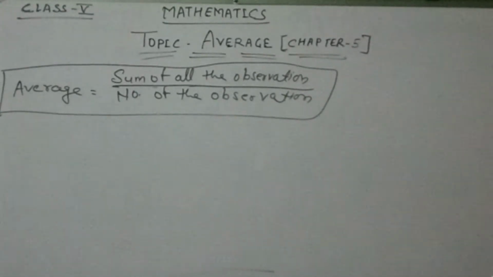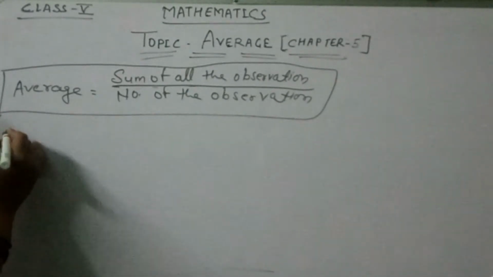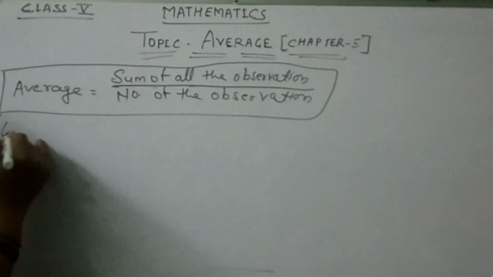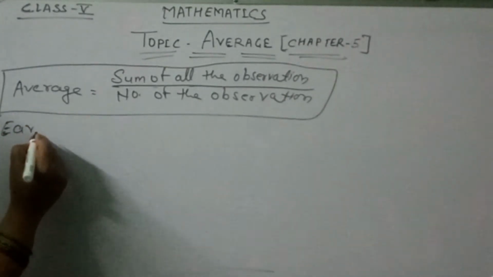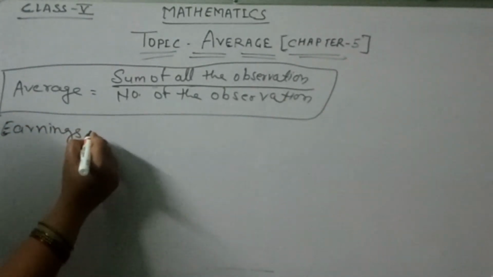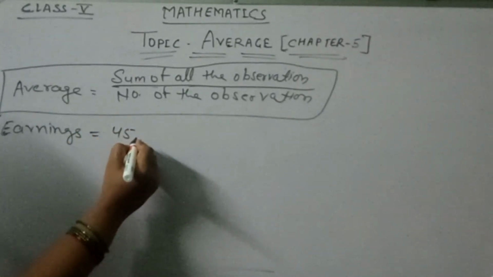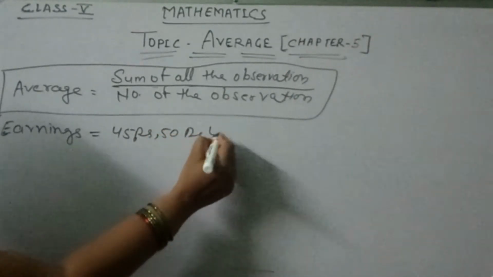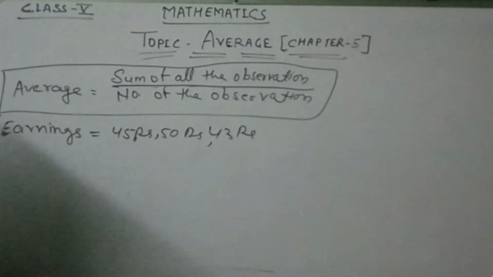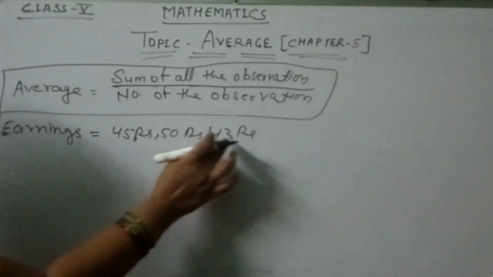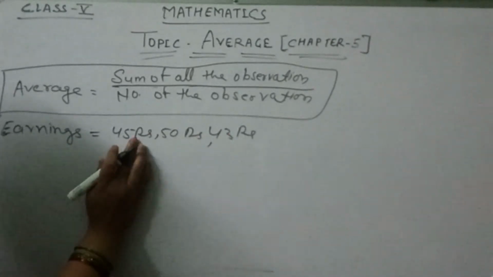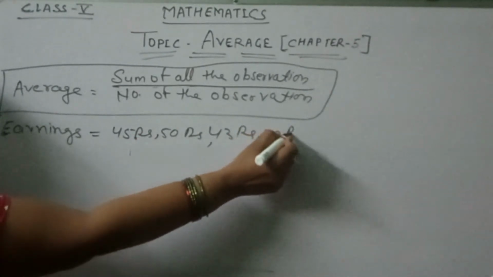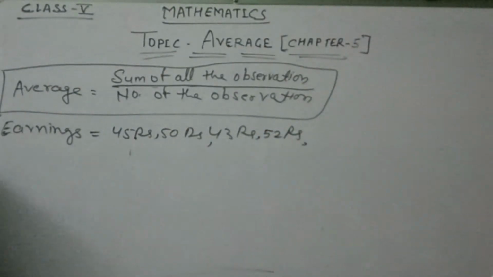Okay, now one example, one question I will take from your exercise book, chapter 5. See here, the first question: a vegetable vendor's earnings in 5 days. The earnings are 45 rupees, 50 rupees, 43 rupees, 52 rupees, and 60 rupees.